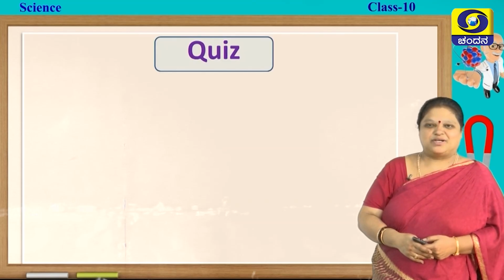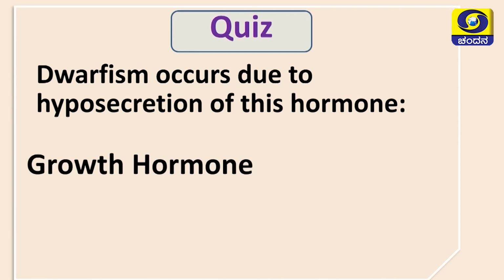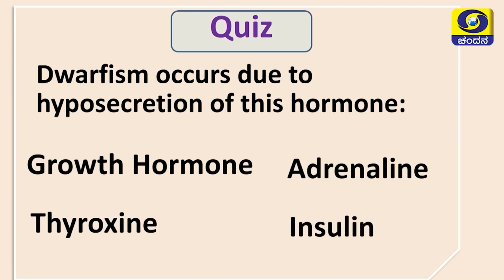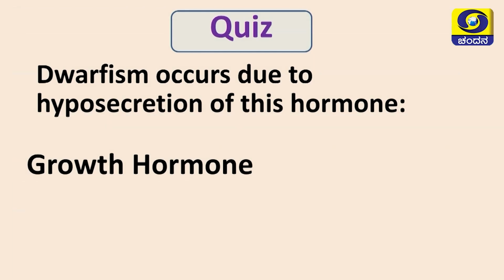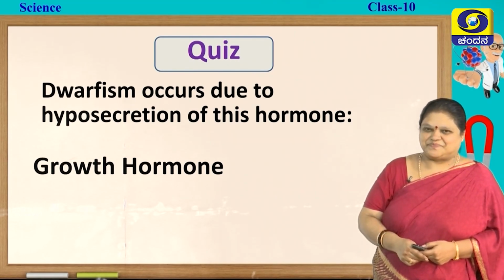Next, we will go to another question. Dwarfism occurs due to hyposecretion of this hormone. The hormones are growth hormone, adrenaline, thyroxine and insulin. So, the answer is, as the name itself suggests, growth hormone, for dwarfism.